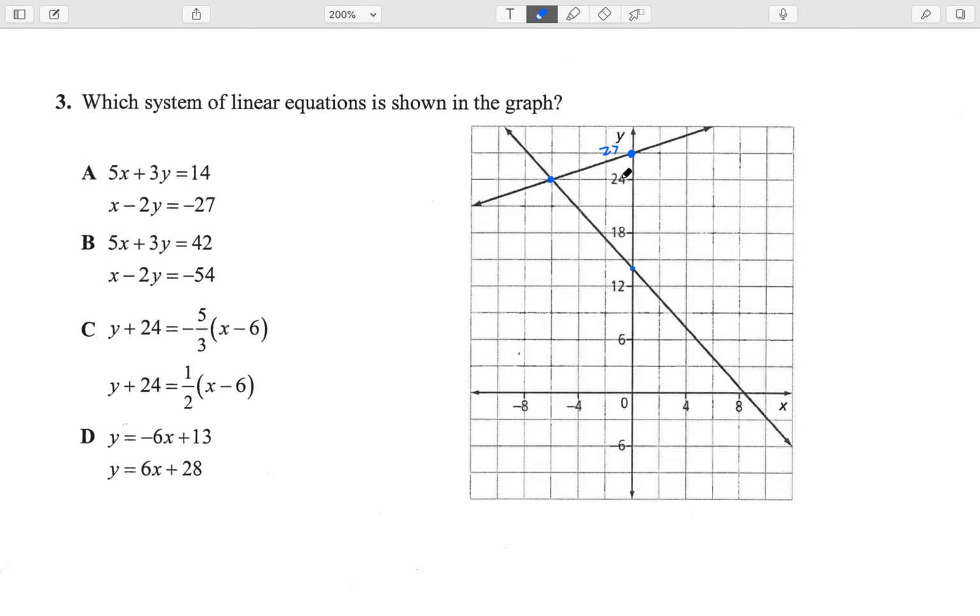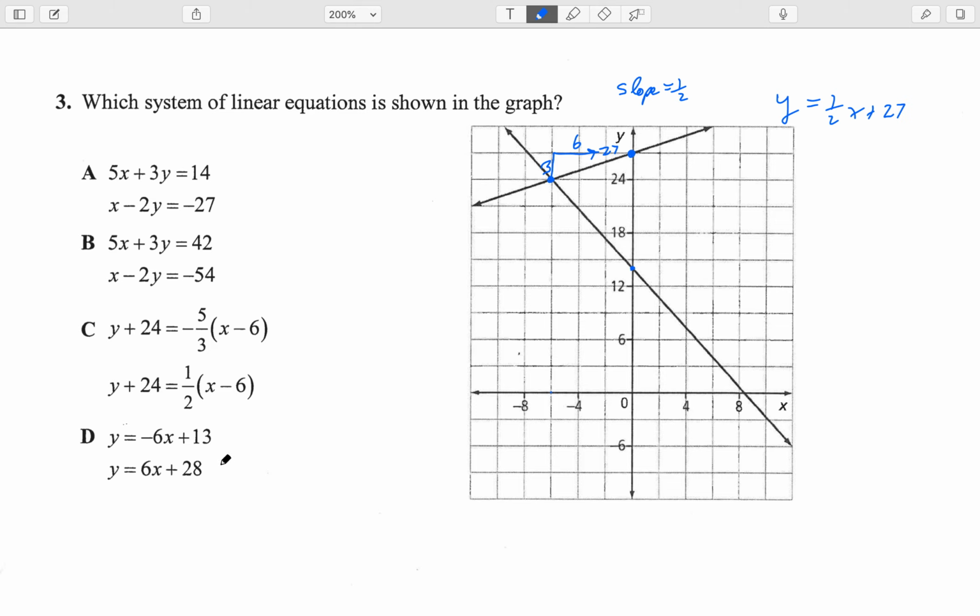So hang on, that's going up 3, and this is 2, 4, 6. Careful. So this is not 1/3. From here to here, because these are going up by 3s, this is 3, and this is 2, 4, 6. So the slope is actually a half. Slope is 1/2, right? The rise over the run. So this equation here is y is equal to 1/2 x plus 27.